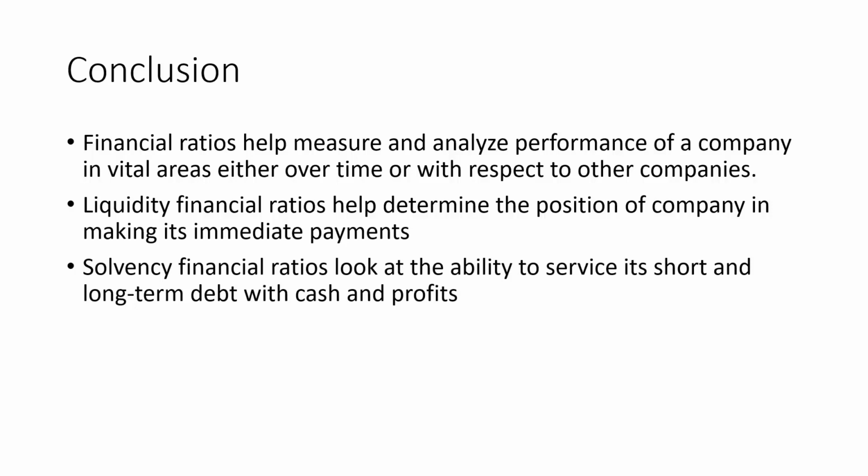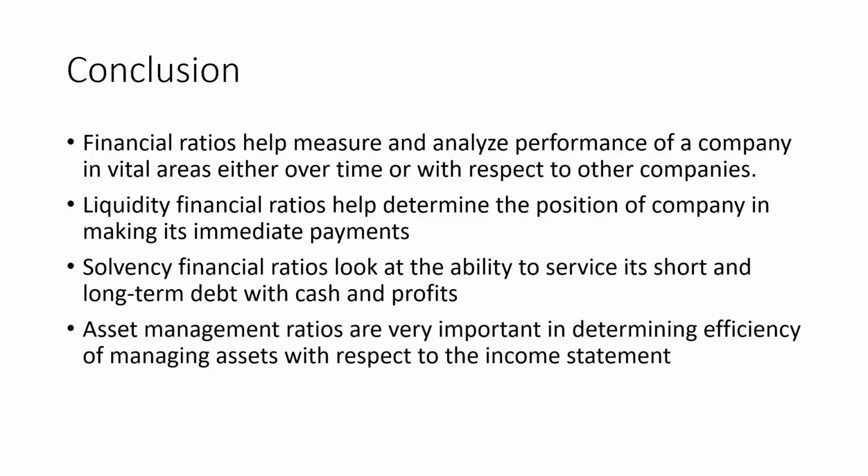Solvency financial ratios look at more long-term debt obligations and how the company can usefully service these debt obligations. And asset management ratios are very useful in looking at the efficiency with which receivables or inventory, so both production and sales side, are looked at, as well as total assets. So how are these assets managed with respect to the periodic sales?